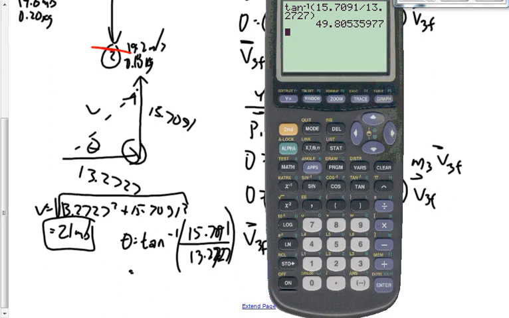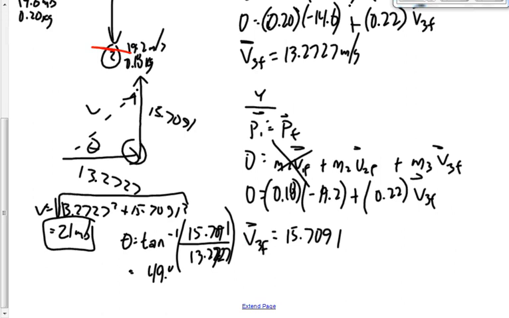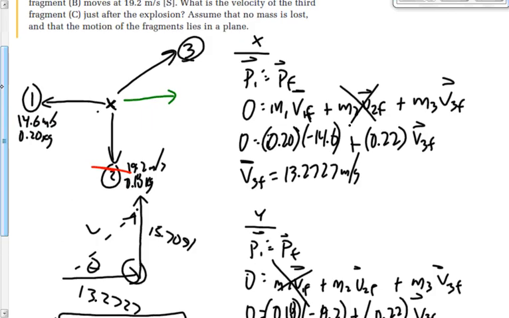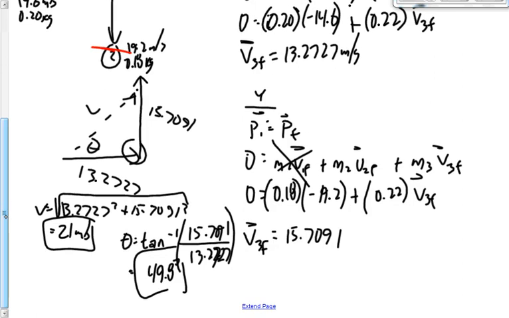We get 49.8 degrees. Is that good? 49.8 degrees what? We have to express this as a north, south, east, west frame of reference now because that's what the question did. This would be 49.8 degrees north of east.